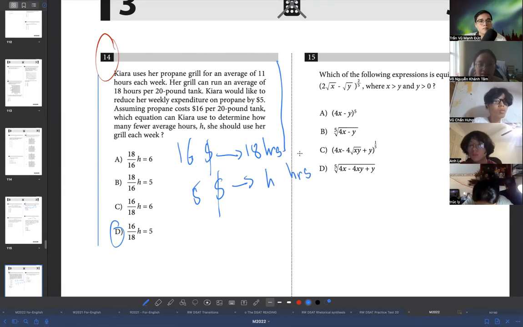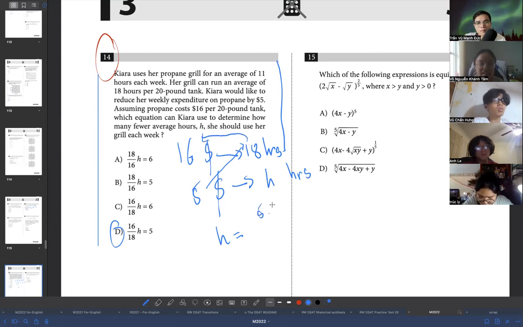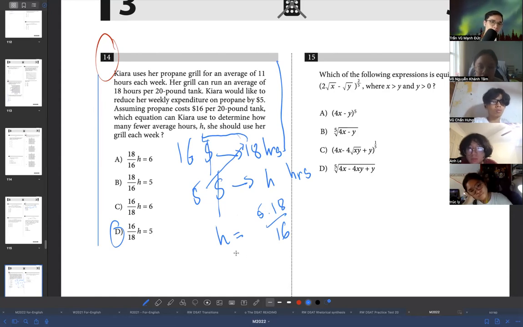So I have H equal by multiply with 18 over 16. Okay. And then we take the 5 out and have 16 over 18 H equal 5.